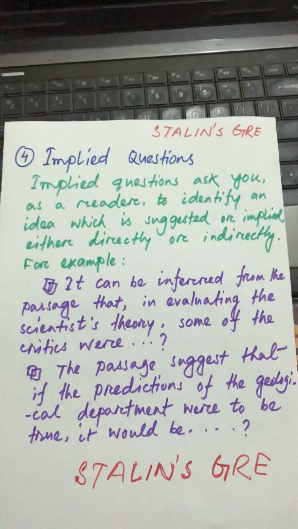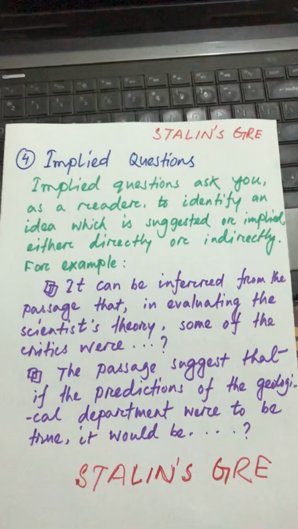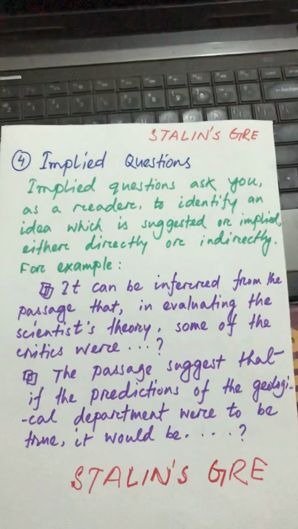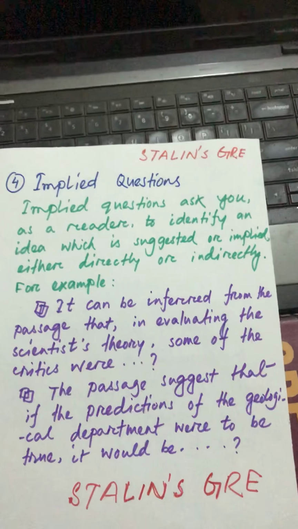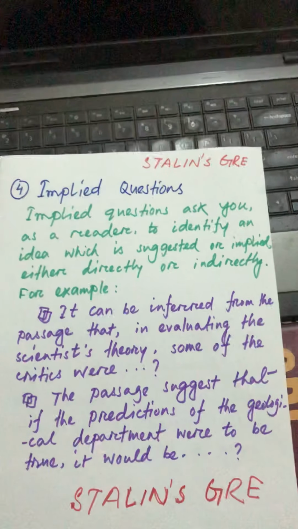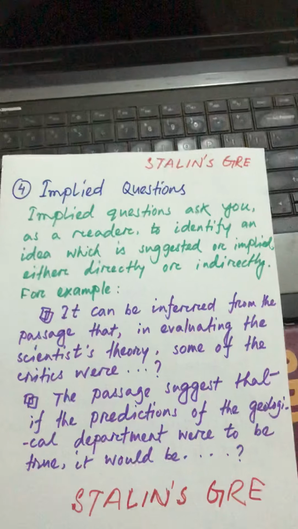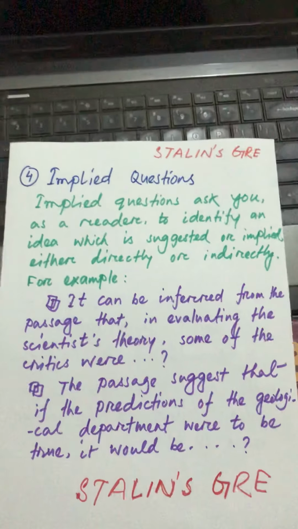You have to find out the fact or truth from the line where it is implied or suggested. So you have to find the line in the passage and identify the truth implied by suggestion in this passage.